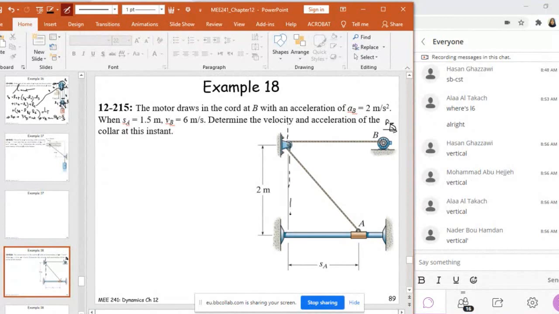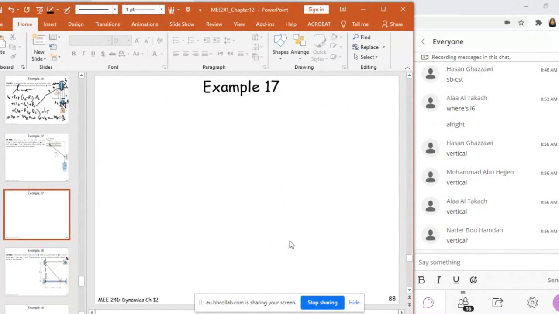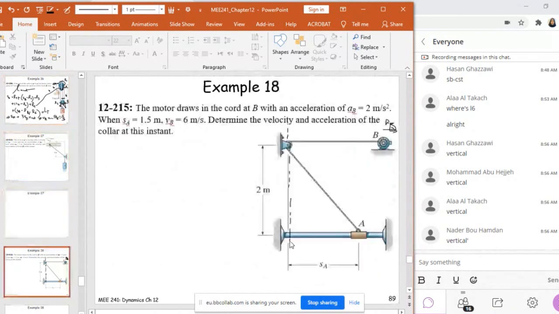You can rotate this figure, guys, and then you're going to have a horizontal datum like this one, okay? Now here, my datum is vertical, and then this will be SB, and this will be SA. All right, guys? You agree with me?